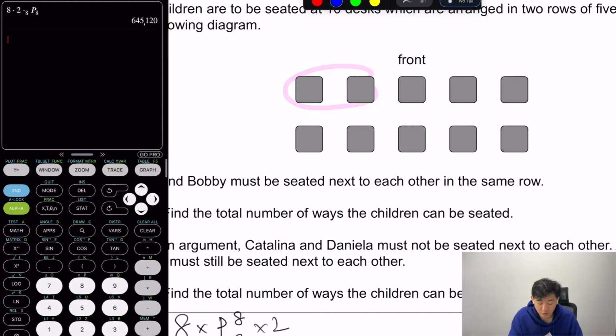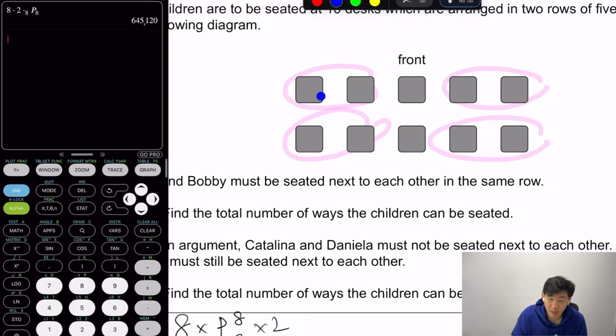But first of all, how many styles are there with A and B sitting together at the corner? We just draw it out: 1, 2, 3, 4, and each of them can swap positions, so actually 4 times 2.